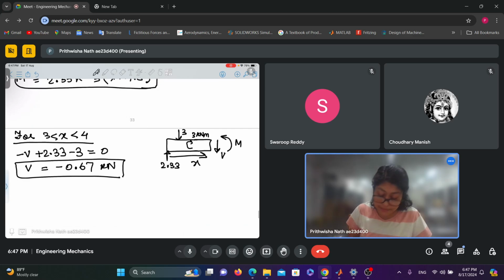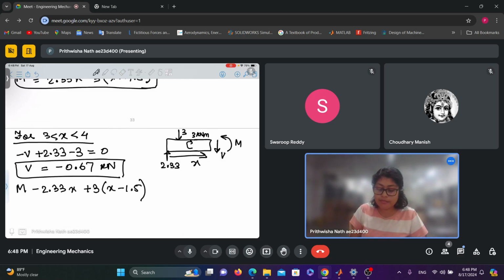And for moment, minus 2.33 x. 3 is causing an anti-clockwise moment, right? So this should be plus 3 into (x minus 1.5), and this moment 3 kilonewton meter is clockwise, so it should be minus, that is equal to 0.